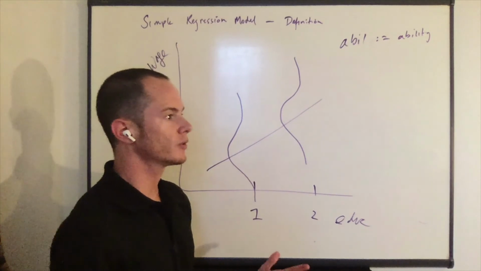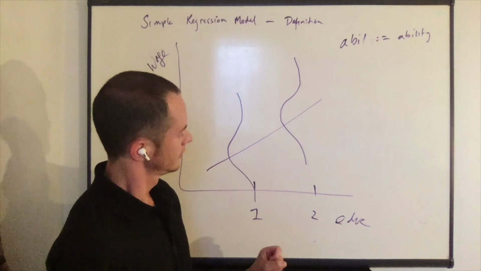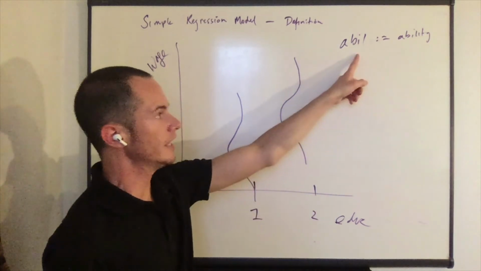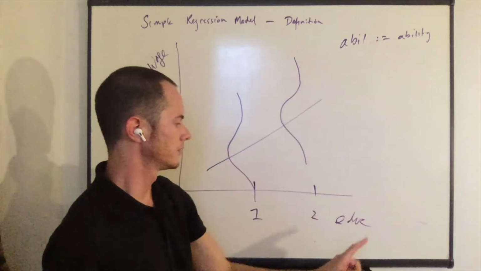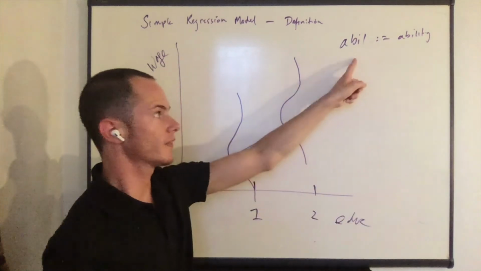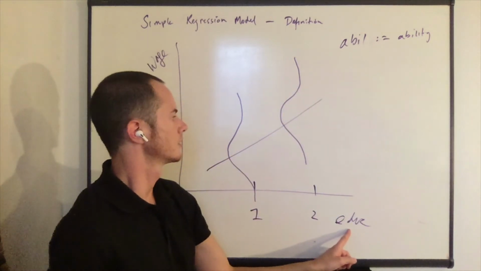By this zero conditional mean assumption, we are assuming that ability is unrelated with different levels of education.